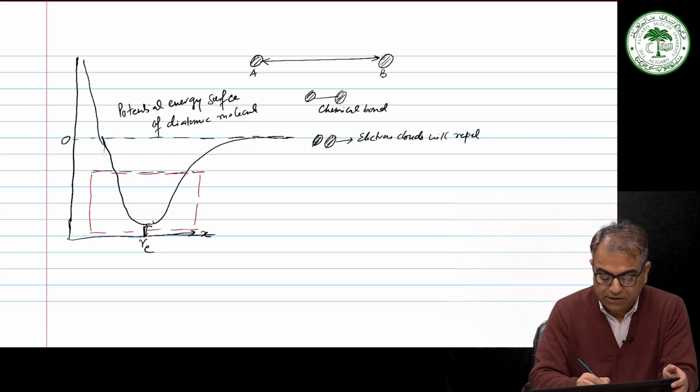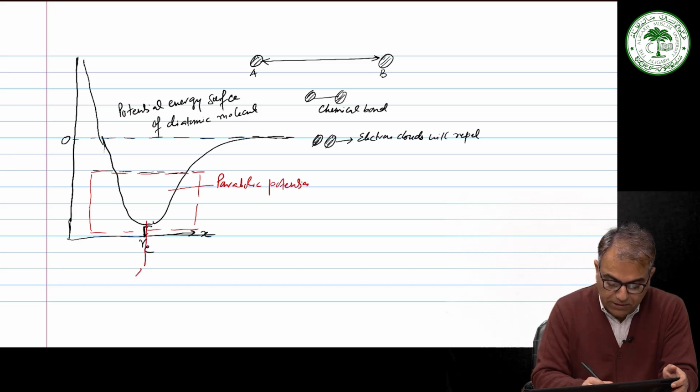And if you look at this part, it resembles a parabolic potential. Suppose this is the equilibrium bond length.